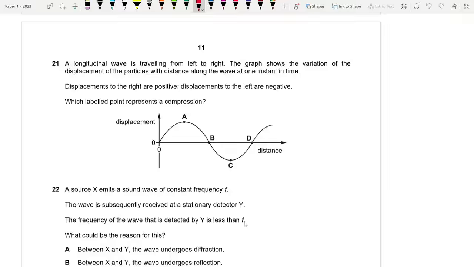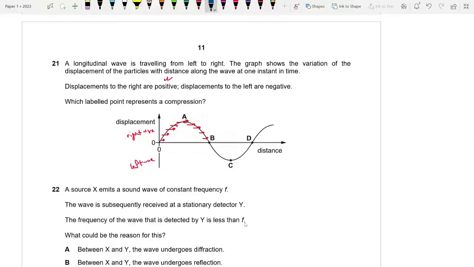So let's see. Displacements to the right are positive. So essentially, this is positive and this is negative. So this means to the right and this means to the left. Here we are slowly increasing our displacement to the right. Here we have it the highest, then slowly decreases again.